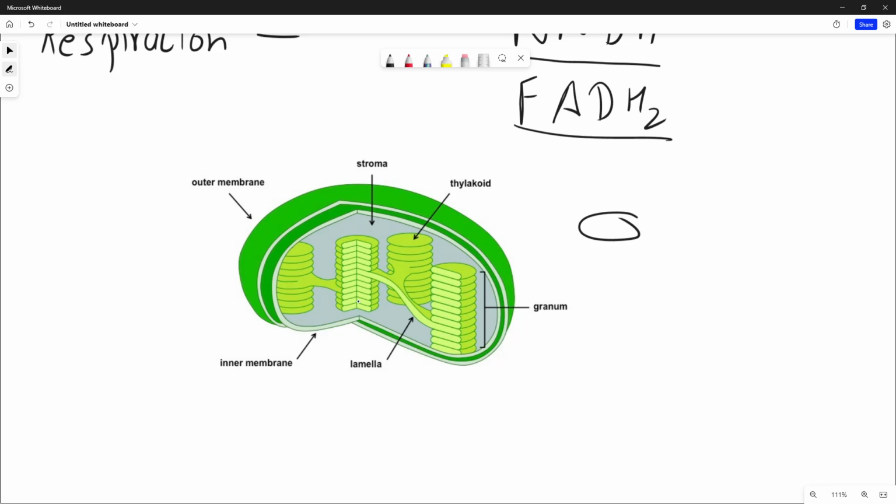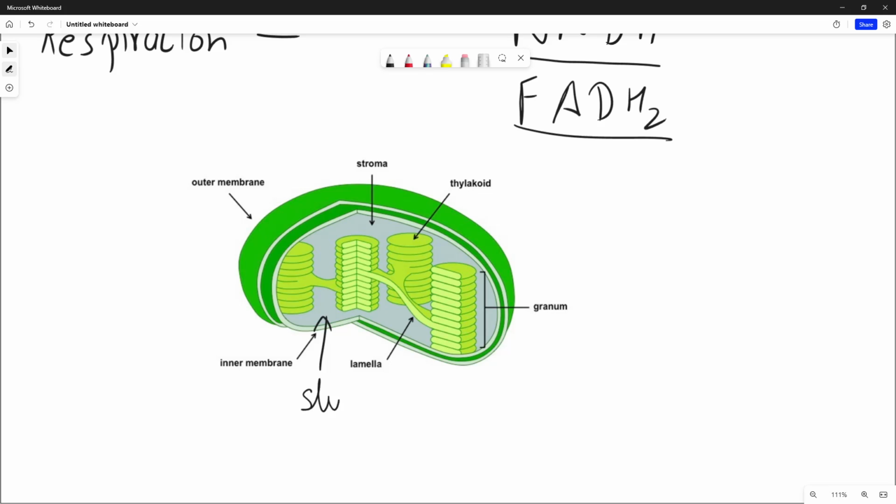We have these pancakes. You might have heard of them while watching or attending a lecture about these. These are basically thylakoids, and thylakoids absorb the energy, and the light independent reaction happens in the stroma.